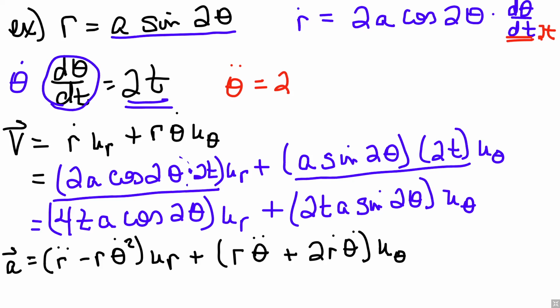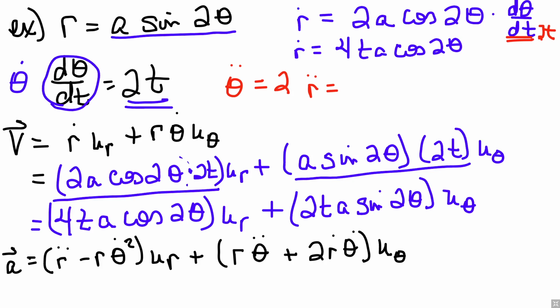Simplifying this a little bit, r dot is really going to be 4ta cosine of 2 theta. Now I'm ready to find r double dot.